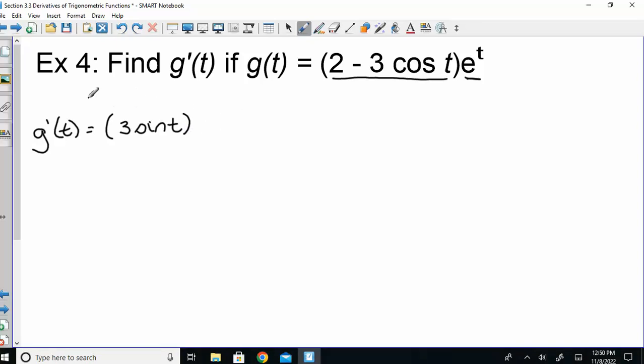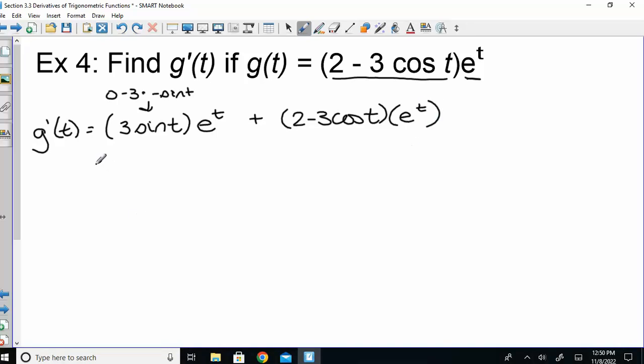Why is it negative? Okay. Oh, so 0 minus 3 times negative sine t, which would simplify into a positive 3 sine t. So derivative of the first times the second plus the first times derivative of the second. Derivative of e to the t is still e to the t.